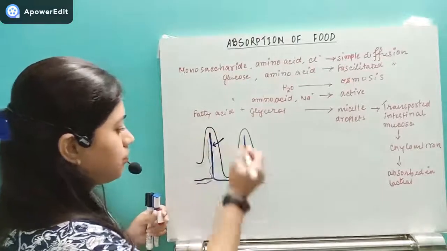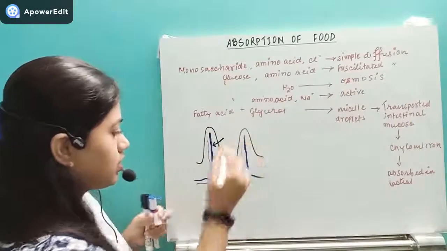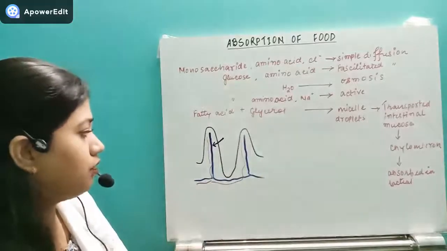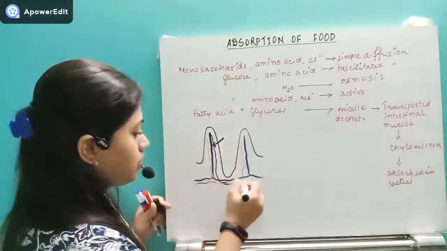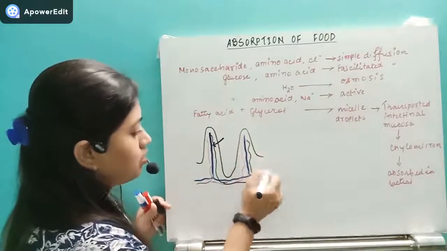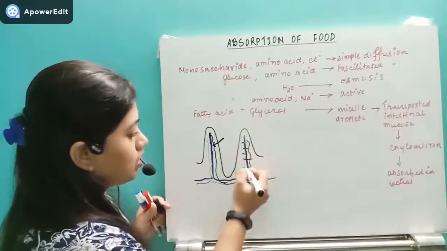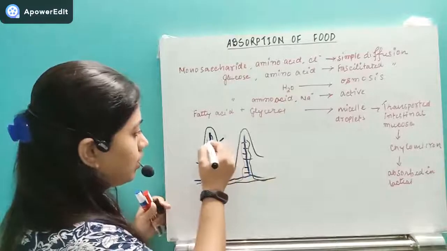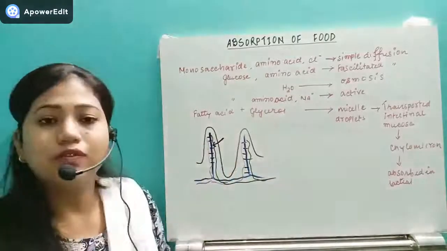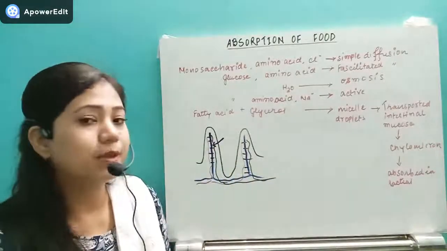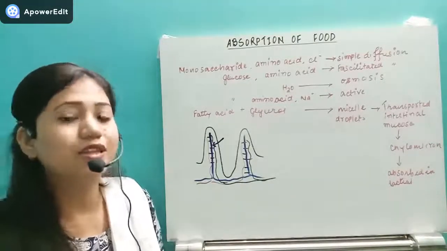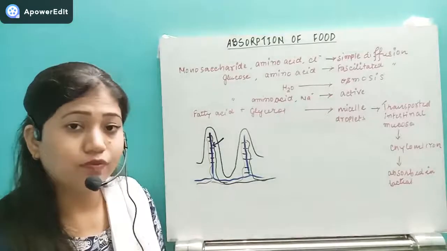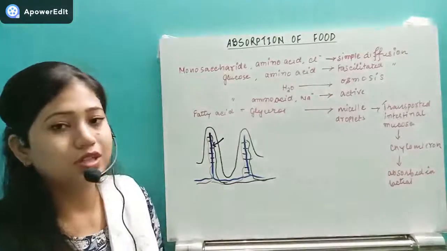So we are going to have the arteries and then the veins too. Okay, so these are the veins, suppose. The veins and the arteries will be connected by the capillaries. So eventually the food will be taken by the blood vessels, and the blood vessels will take the absorbed food material to the different tissues.